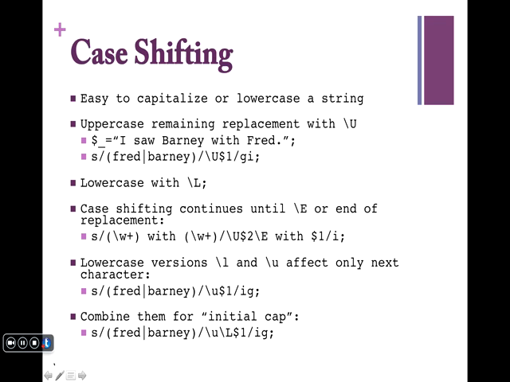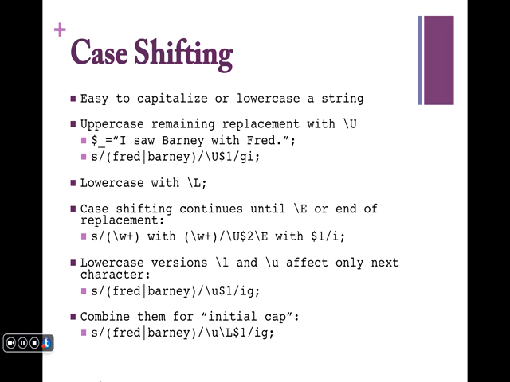What I mean here is that I can use the \L, which means make all the characters lowercase, but I precede it with \U, that means just the first letter capital. So actually it does the same as the previous one, unless I had something different from the beginning than the sentence I have here. I saw Barney was Fred. If I capitalize all of it, then the last one will be the effective one.